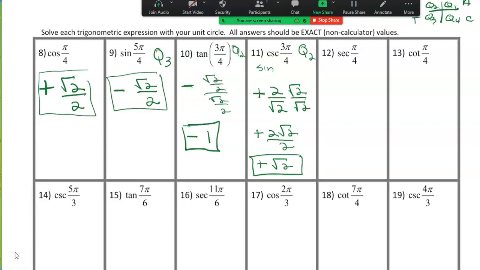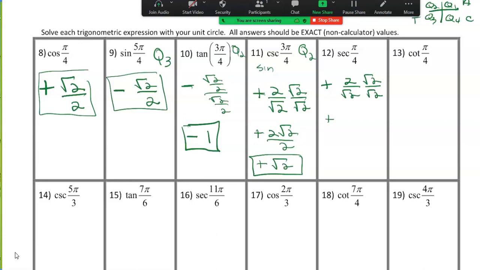Okay, secant of pi over 4. First off, I'm in the first quadrant. Everything is positive. Secant is the flip of cosine. Cosine of pi over 4 is root 2 over 2. So I need 2 over root 2. It's going to be the exact same answer I just got, but for different reasons.